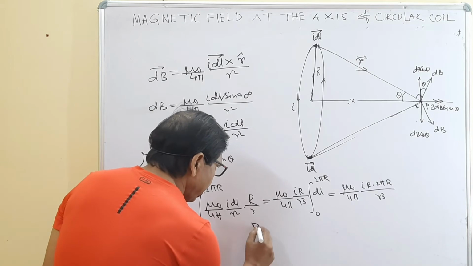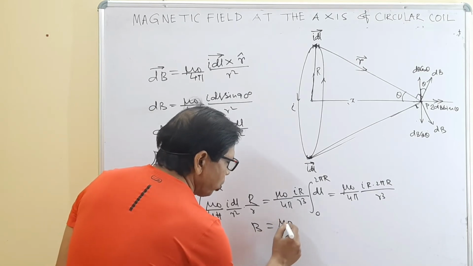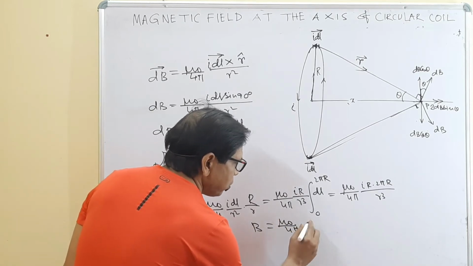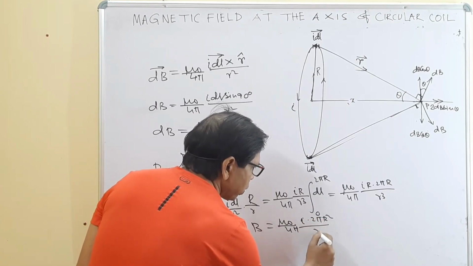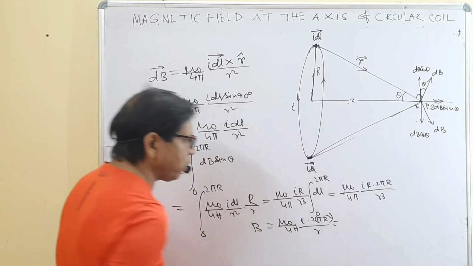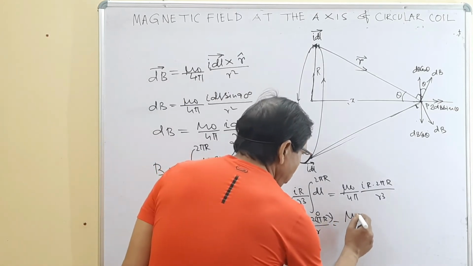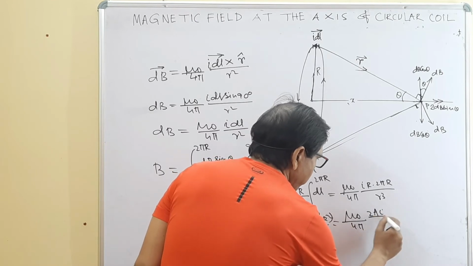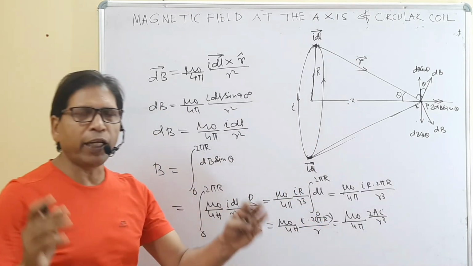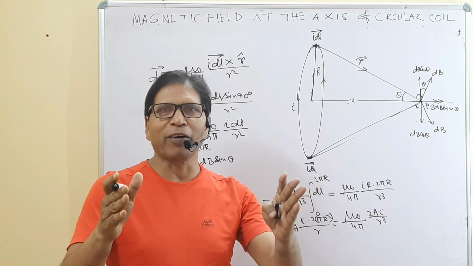Therefore B = μ₀/4π · I · 2πR²/R³. Now πR² equals A. So this is μ₀/4π · 2AI/R³, where capital A is the area of the coil.